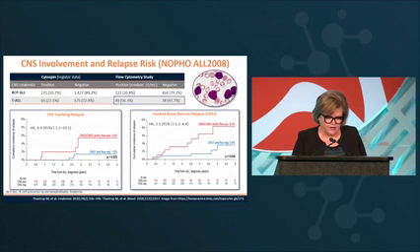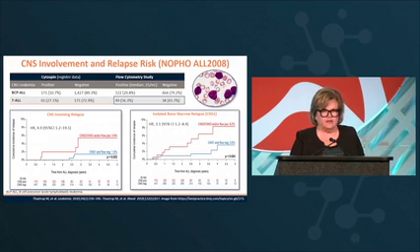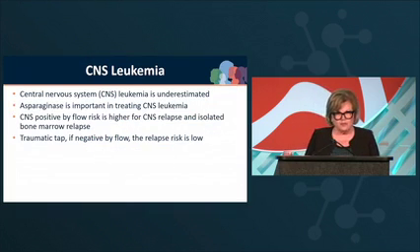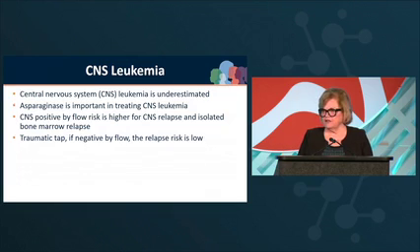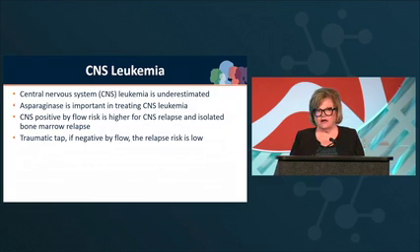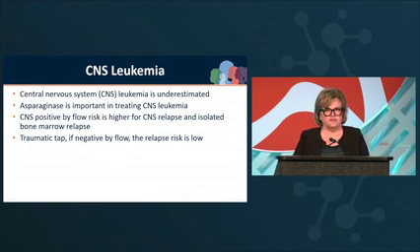So we know that the CNS involvement is very important. And I would say that we probably have underestimated the occurrence of CNS positivity among our leukemia patients, because previously we only looked at the cytospin, and now it's important that we also look at the flow cytometry, which may be giving us a higher inference of those that are positive.